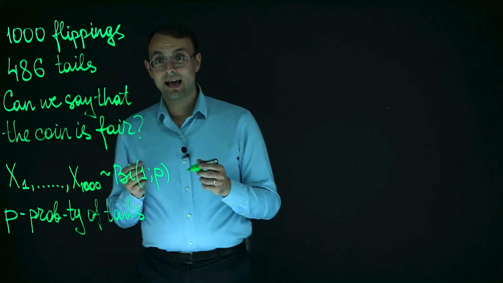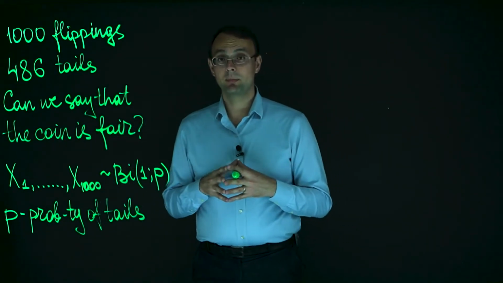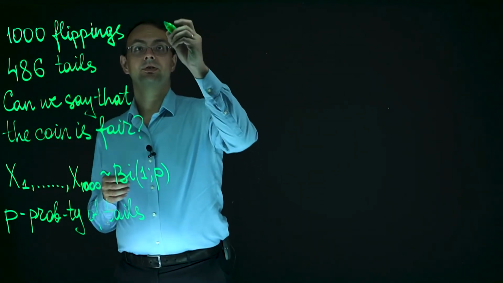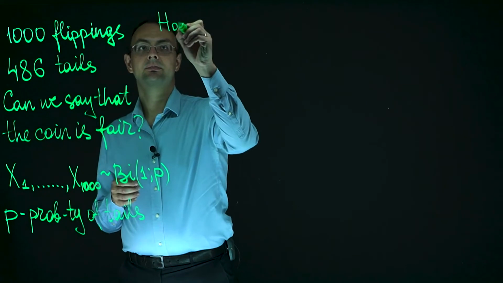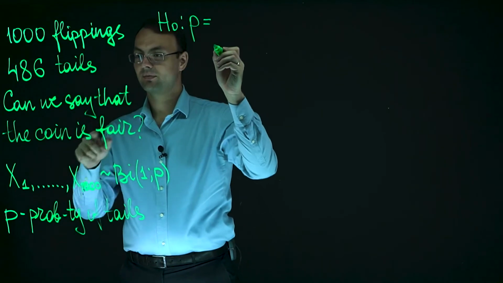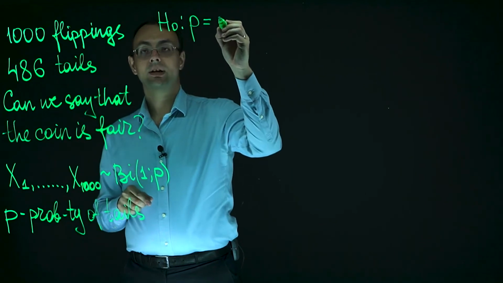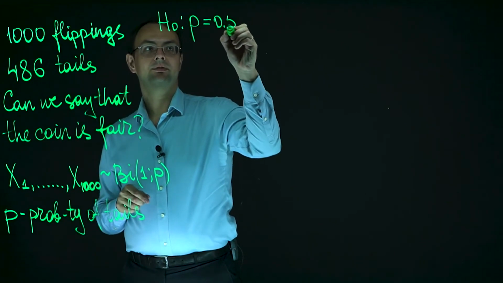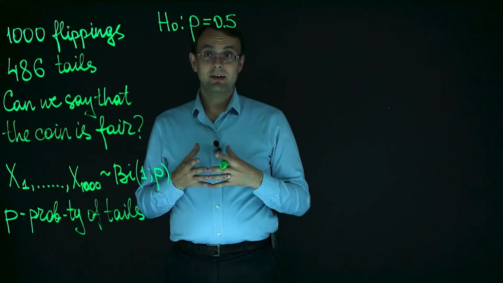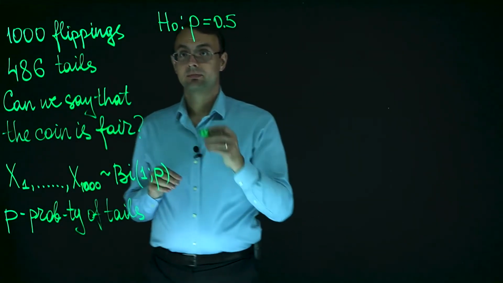As it is simple, it will be the null hypothesis in our problem. So the null hypothesis is that p, the probability of success, the probability of tails, is 1/2, 0.5. So, what about the alternative hypothesis?